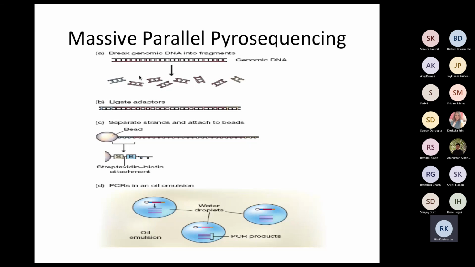So then the idea came: how about we break the DNA that we want to sequence into small fragments of around 500 to 700 bases, and then sequence these in parallel on a plate. So one DNA stretch, which was let's say 100 kb or so, can be sequenced in parallel in shorter stretches.